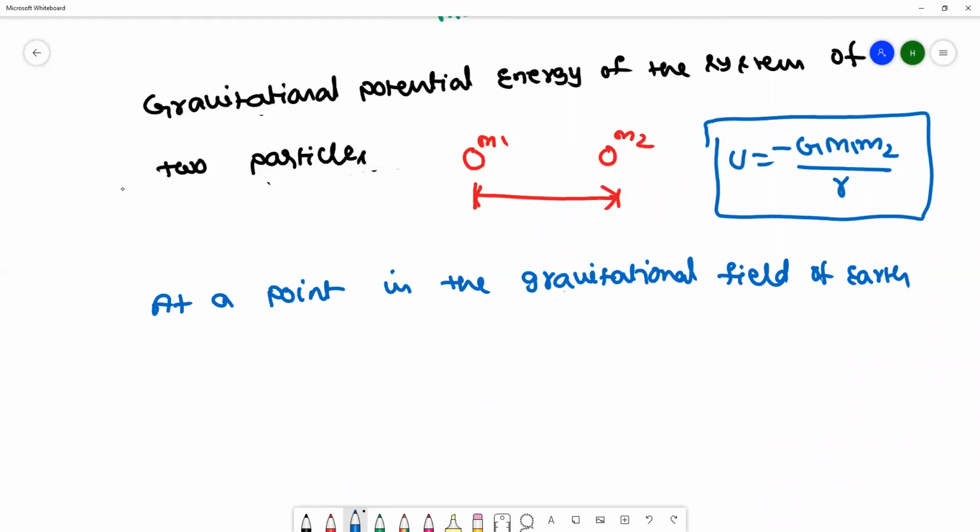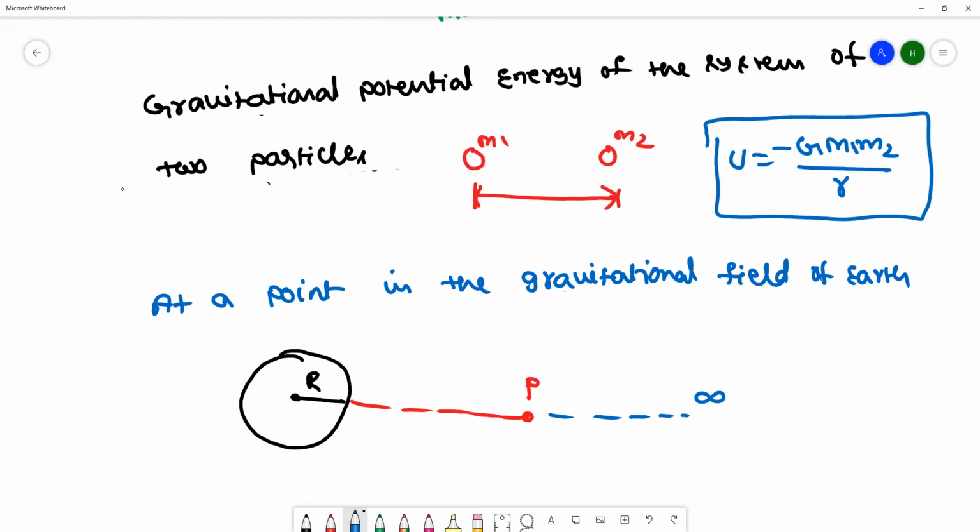Suppose I am taking a body, and this is the radius r. This is the point P. We are bringing the body from infinity. At infinity, remember, potential energy U will be 0. Next we are bringing it to the point P.